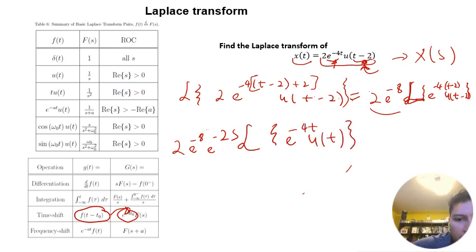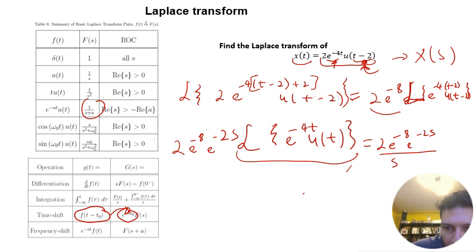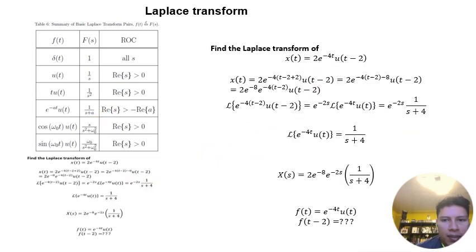And then now we can look this one up over here, so that we have 2e to the negative 8 e to the negative 2s divided by s plus 4. So you can use these things to get more complicated Laplace transforms. Okay, so that's what we got in the previous slide.